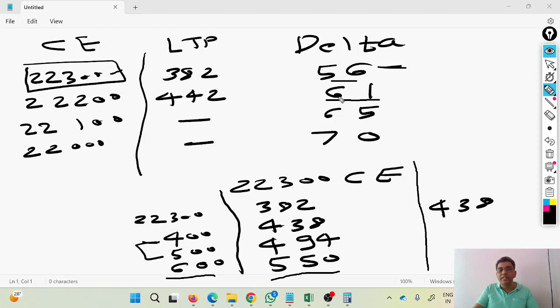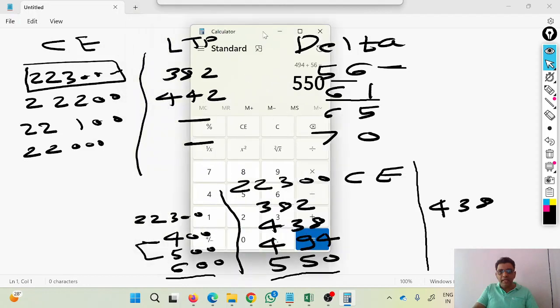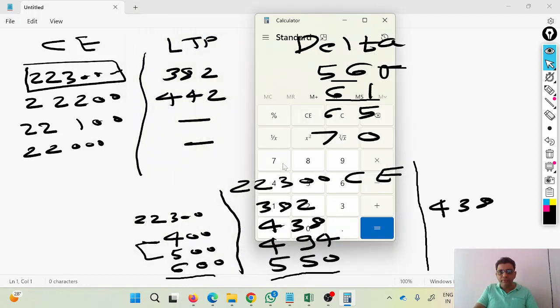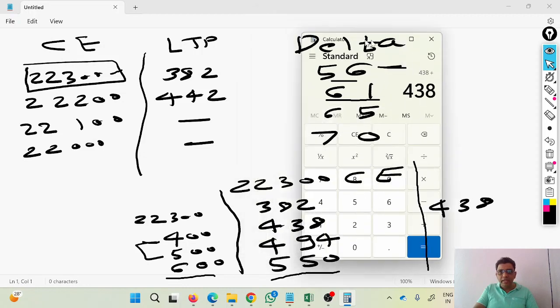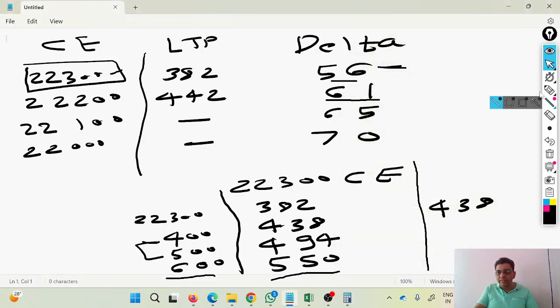I need to consider the delta to be 61, because now my strike price, 22,300, has become in the money. So for calculation, I need to add to 438 this delta of 61, and it will become 499.